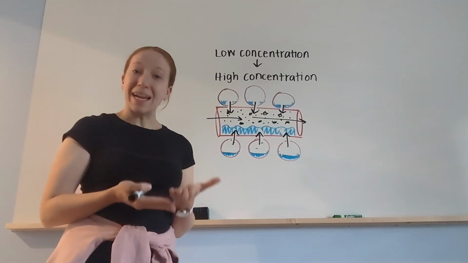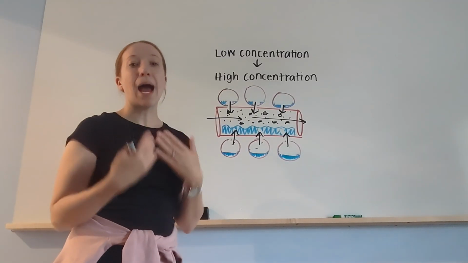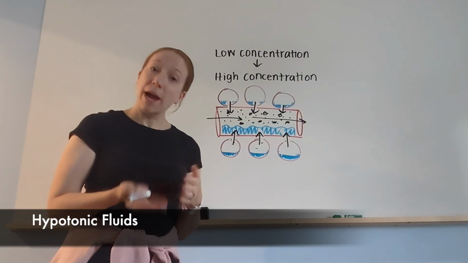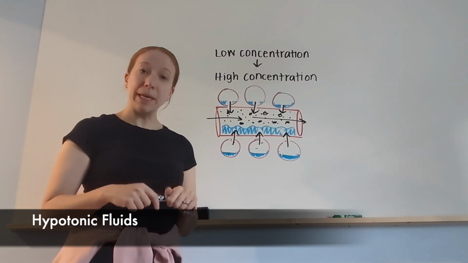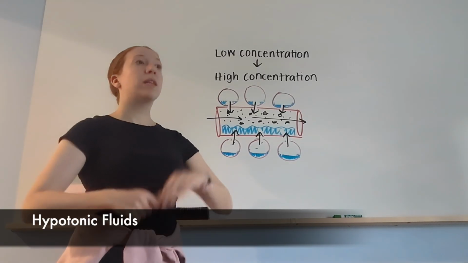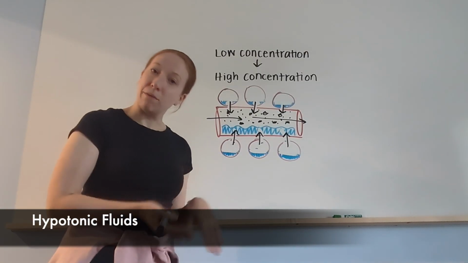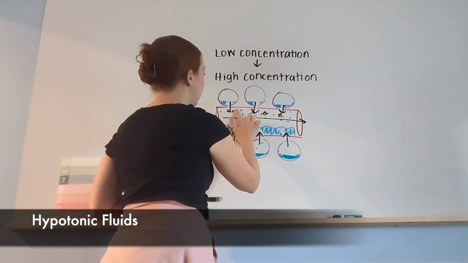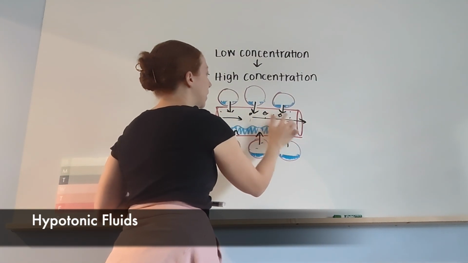Okay, the last type of IV fluid is hypotonic IV fluids. That's the opposite of hypertonic. Okay, so that means the concentration of the fluid is lower than the concentration of the fluid that we have within the body. So instead, the fluid moving through here doesn't have very many solutes in it.